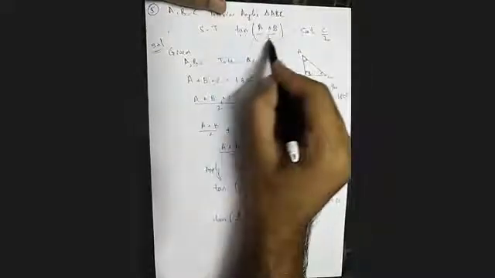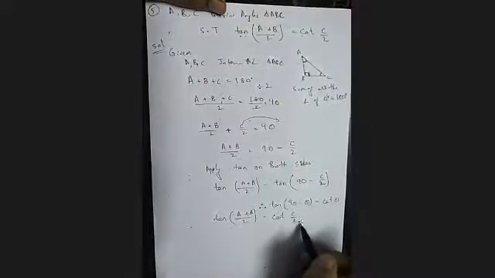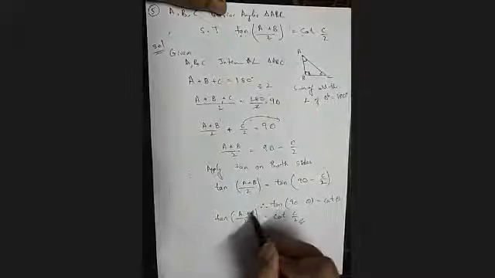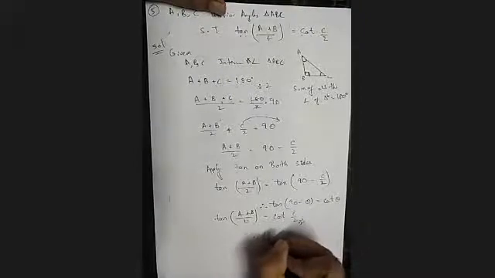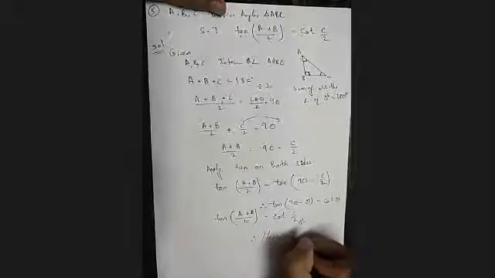We have to show that tan A plus B by 2 is equal to cot C by 2. Here we got it. Therefore, hence proved.